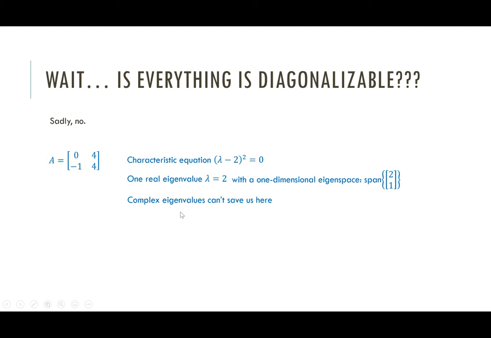And so this matrix is really and truly not diagonalizable. And you could run into similar issues if you had complex roots, but you had a multiplicity issue where the algebraic multiplicity was greater than the geometric multiplicity in some sense. So no, not everything is diagonalizable.